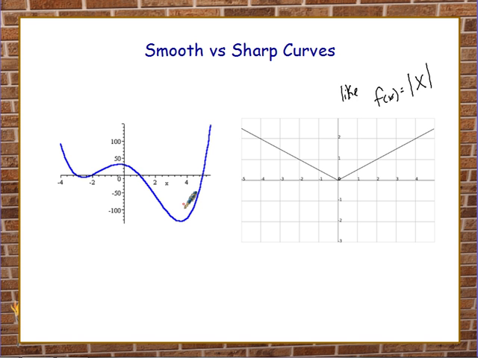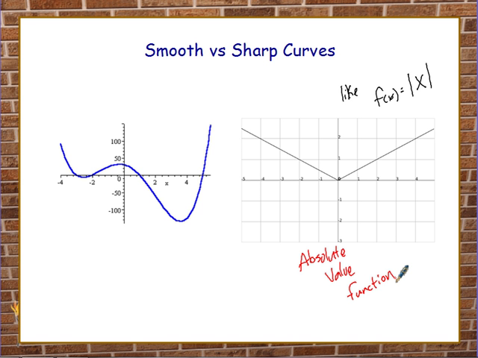This is your absolute value. This is your absolute value function, okay? Basically, your other teachers might have called it the V graph, right? Kind of looks like a V, all right?